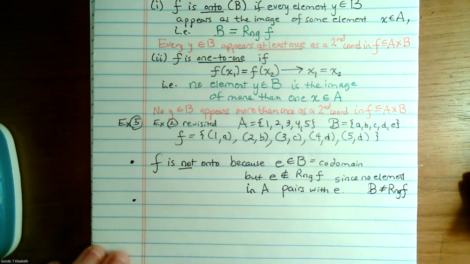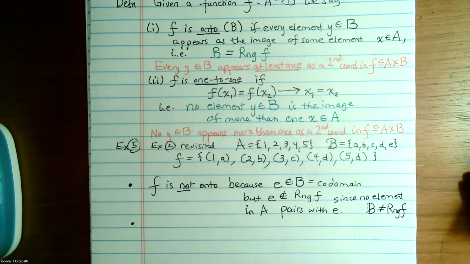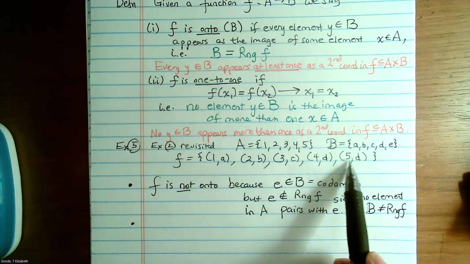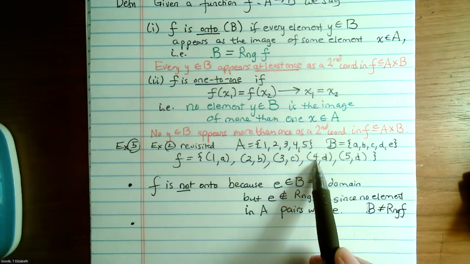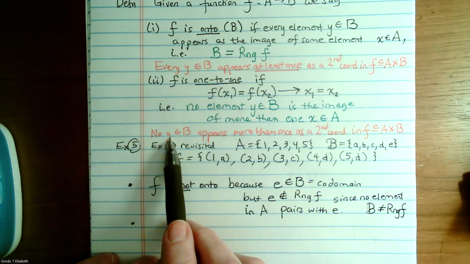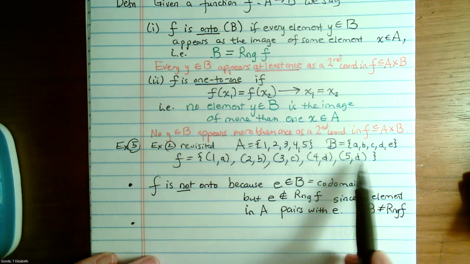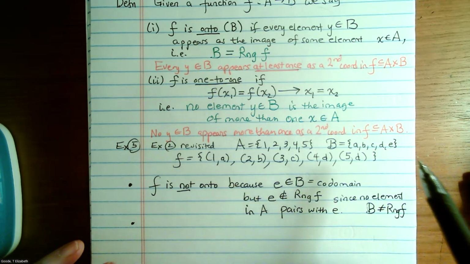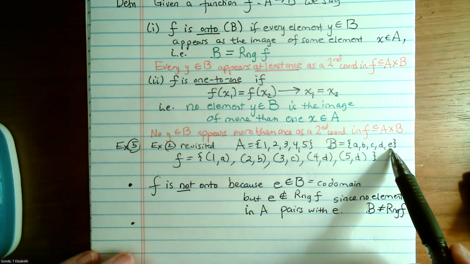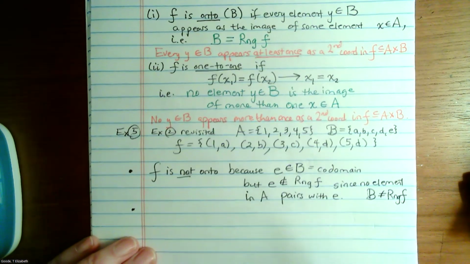Is F 1 to 1? No, because d repeats twice. That's right. d is the image of both 4 and 5. And for F to be 1 to 1, no element from the codomain can appear more than once as a second coordinate. It's okay for an element to be missing as a second coordinate. You just can't have an element appear more than once as a second coordinate.